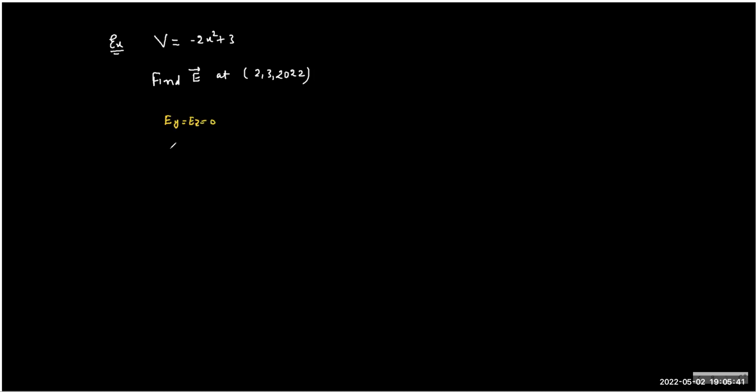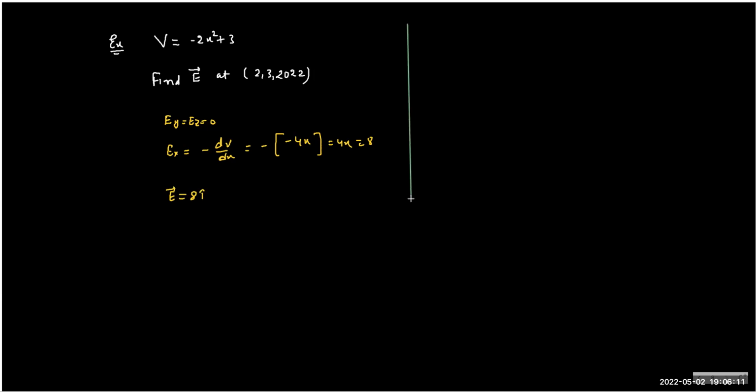So we should only be worried about the x component, which is minus dV by dx, because it's one dimension. We can use exact differentiation. So minus minus 4x, right? Yes, sir. And the x coordinate is 2, so the answer is 8. So the E vector is 8 i cap.